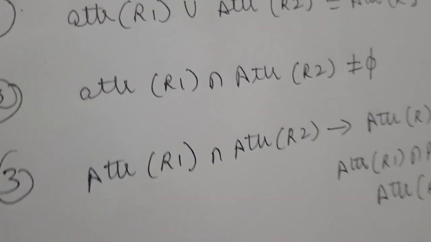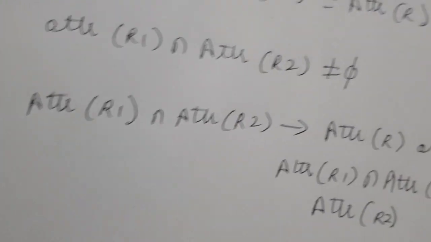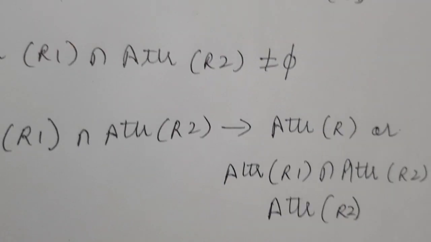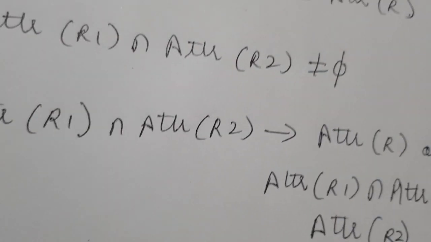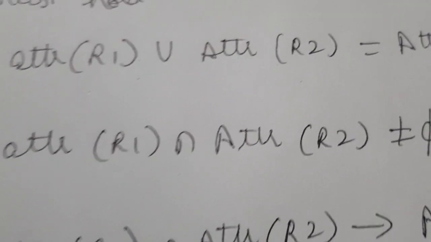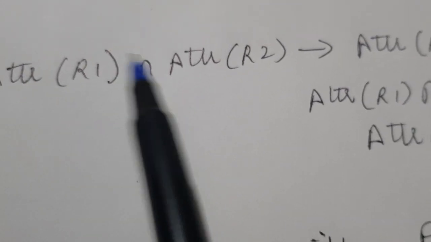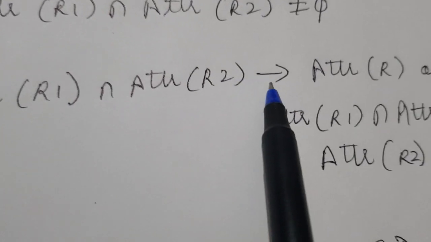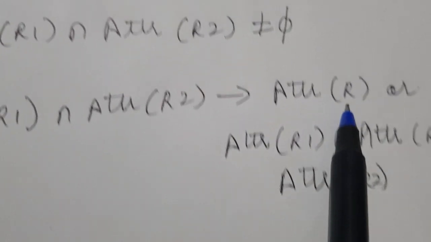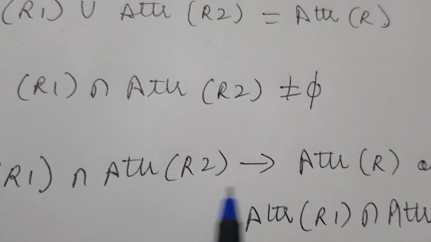We check the common attributes found with the help of the intersection, and it must be a key. Any of the attributes can satisfy as a key. So this condition is written as attributes of R1 intersection attributes of R2 derives certain other functional dependencies.